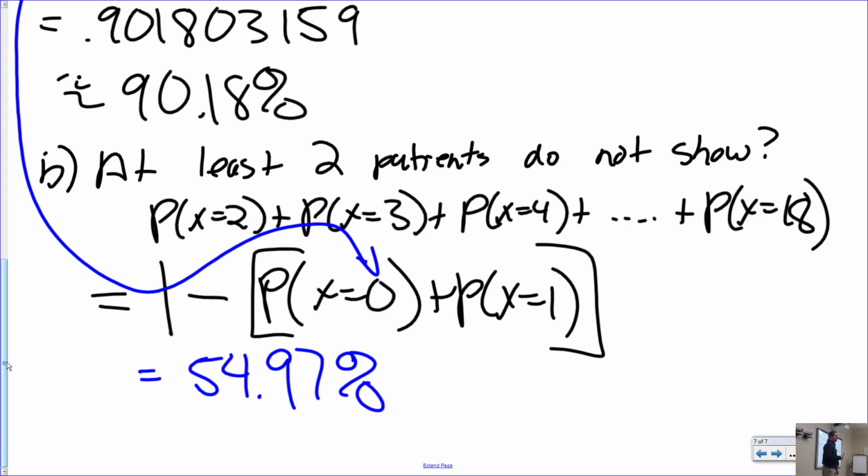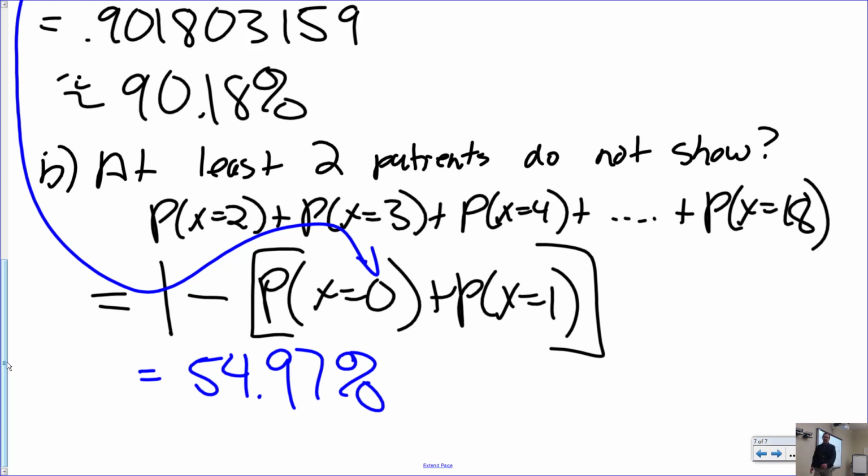Which is sort of kind of bad for a doctor's office if you think about it, right? This probability gets at least 2 no-shows. It's better than 50%. That sucks. I wouldn't want to be a doctor if that were the case.